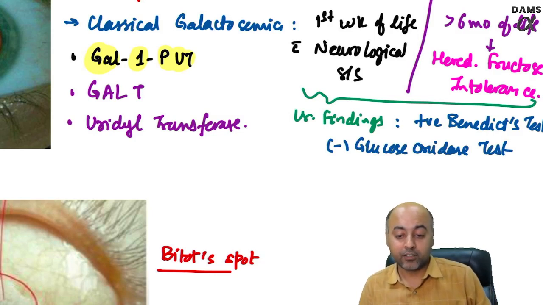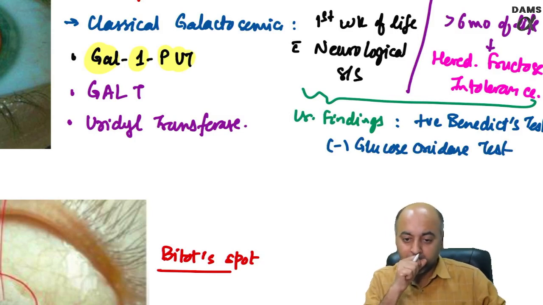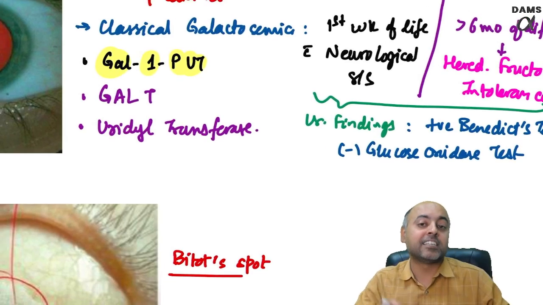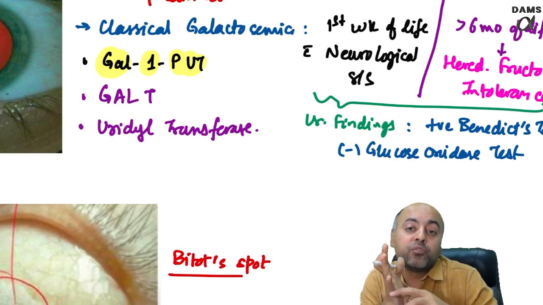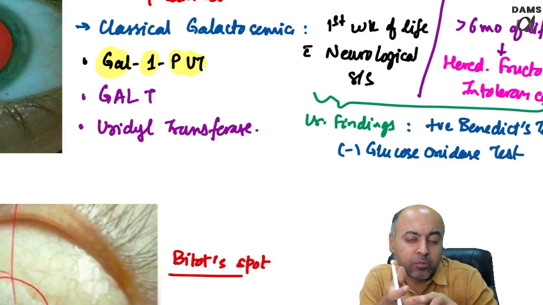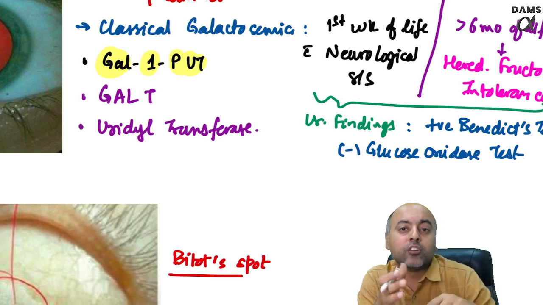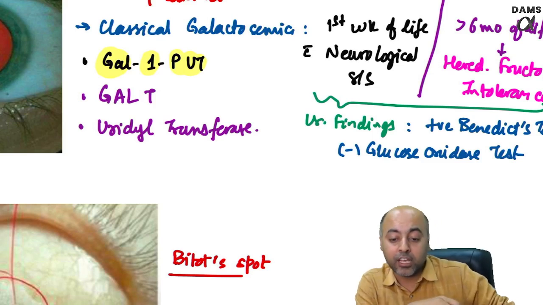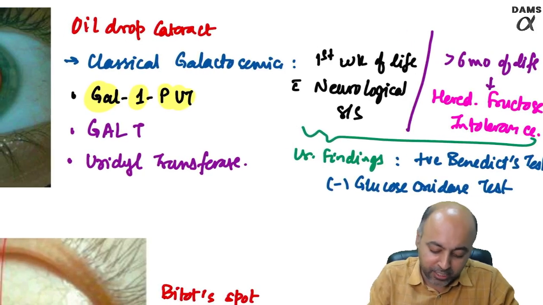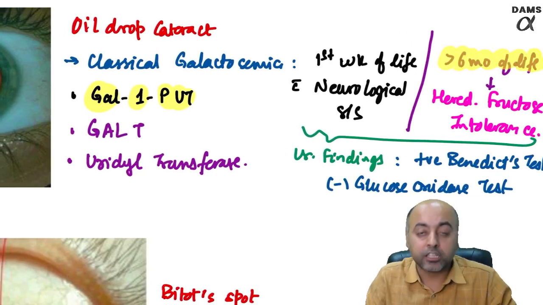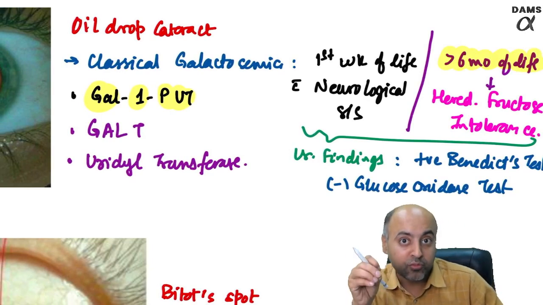All right. So please remember that in classic galactosemia you cannot give milk, and you have to give them a galactose free diet or a lactose free diet, because lactose is also going to get metabolized into galactose and cause the problem. At 6 months, what is happening in HFI is that when you do the weaning, fructose is coming through the fruits.